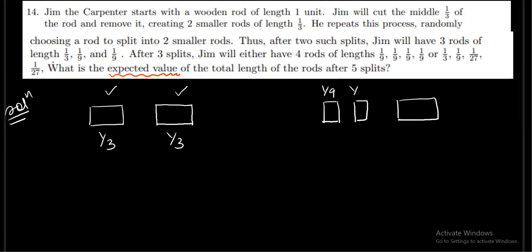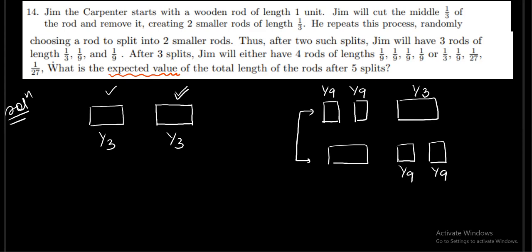Two rods will be of length 1/9, 1/9, and the other one will be of length 1/3. It might also be possible that he had taken the second rod for splitting. That is, the first rod will remain as it is, while the second rod will now be split, or 1/3 portion will be removed, and you will be left with three rods of length 1/3, 1/9, 1/9. So basically the same lengths we are left with in both these cases.